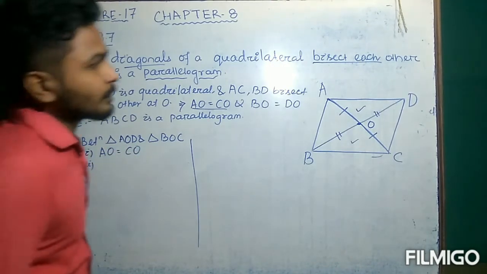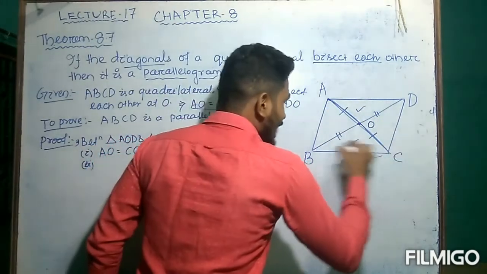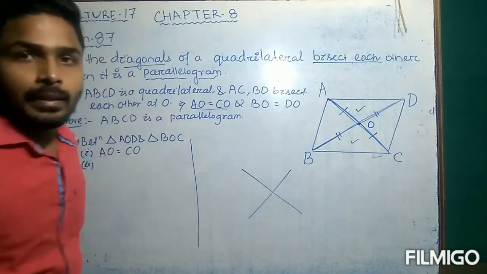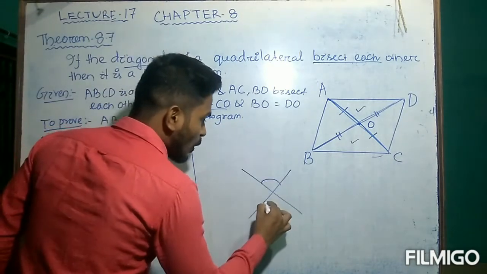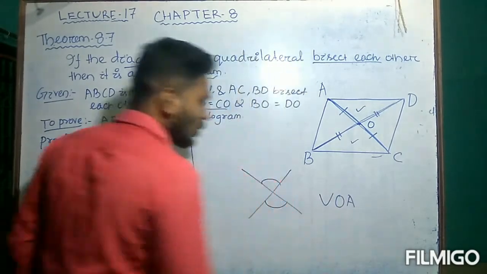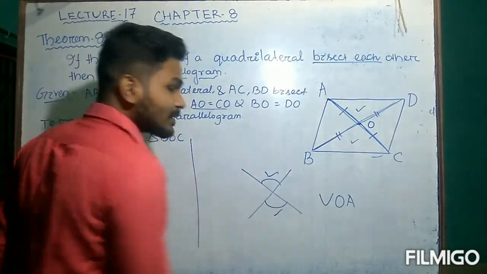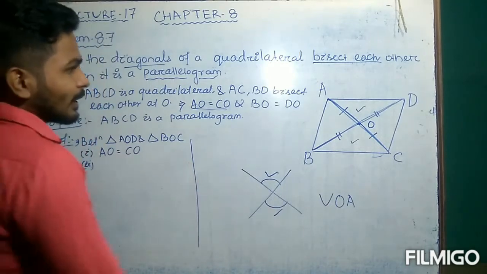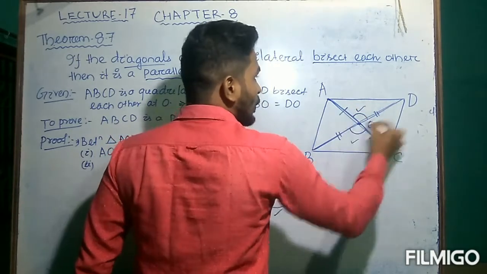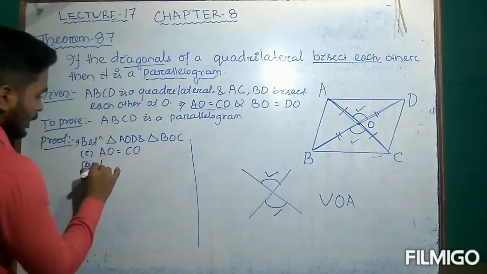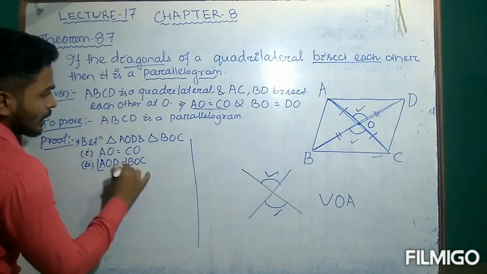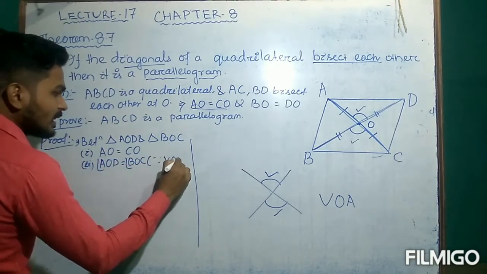Next condition, since AC and BD are two lines like this, these two opposite angles are known as vertically opposite angles, and we know the pair of vertically opposite angles are equal. So angle AOD is equal to angle BOC because they are vertically opposite angles.